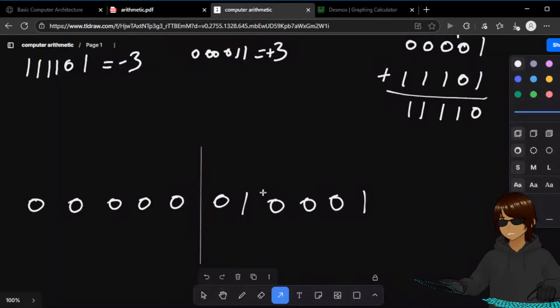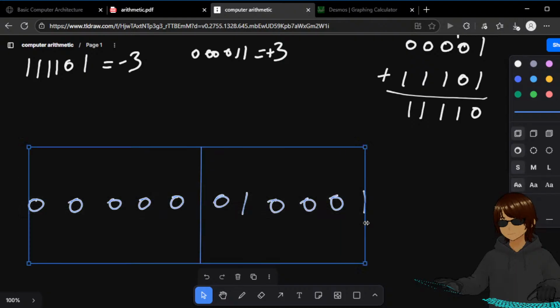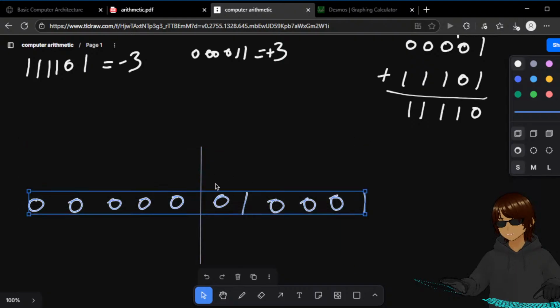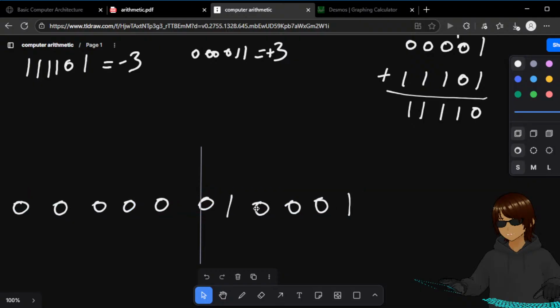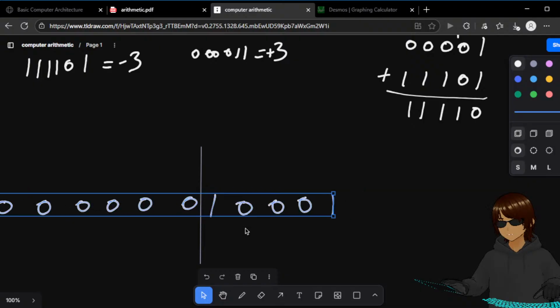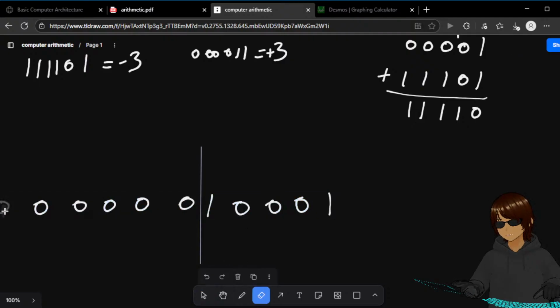So nothing happens. So we do the shifting again. Shift. Then we get rid of this.